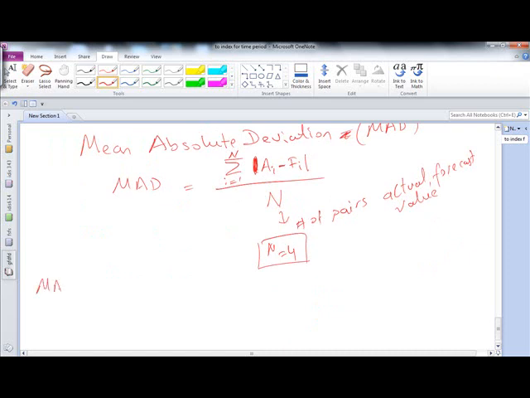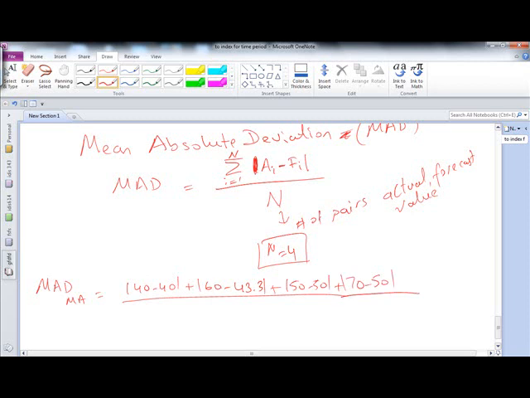I'm gonna say MAD moving average, and that is basically the first time period we forecasted, which was F4, actual 40 and forecast was 40. The second one was 60 minus 43.3, plus 50 minus 50, plus 70 minus 50, right?